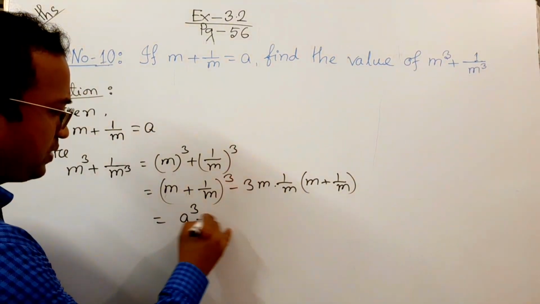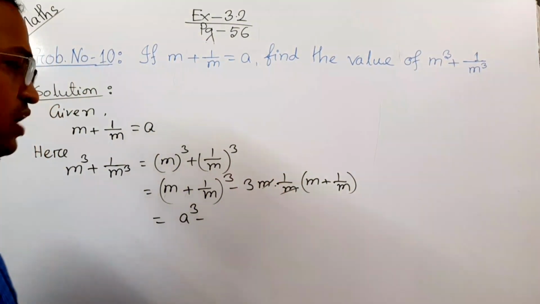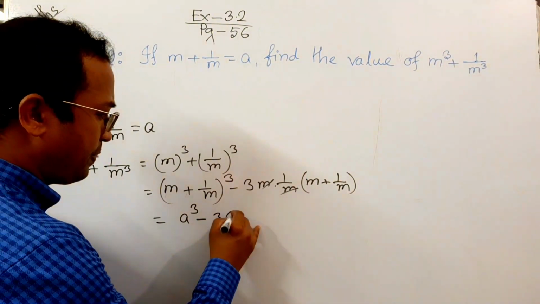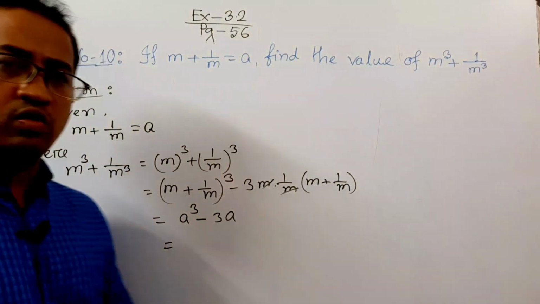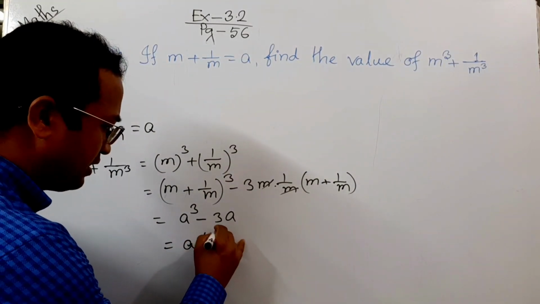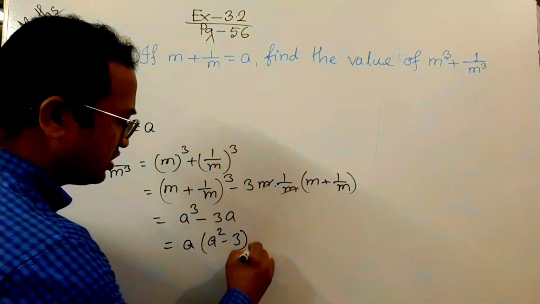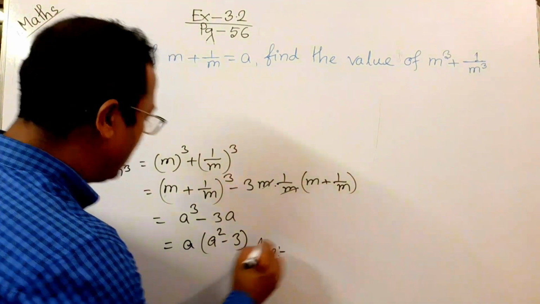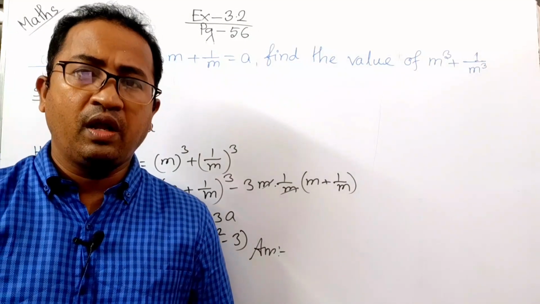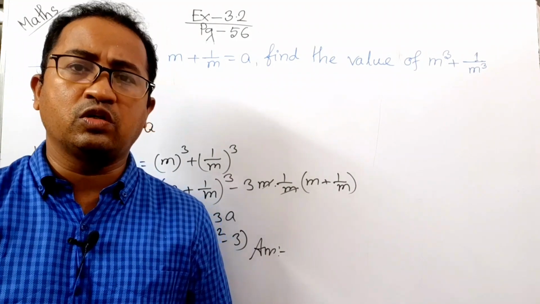So a cube, cancel this 2m, a cube minus 3a. Now take common a, it will be a square minus 3. So this is the answer of m cube plus 1 by m cube when the value of m plus 1 by m is equal to a.